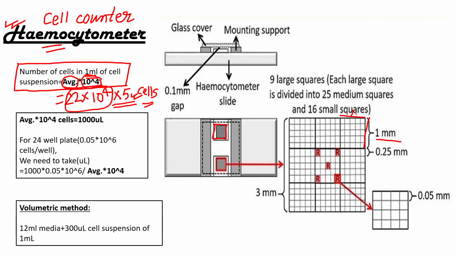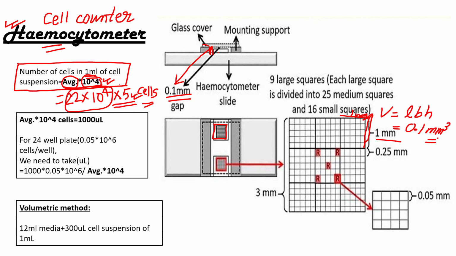Similarly, from here to here, it is 1 millimeter in length, and there is a depth over here. This depth is 0.1 millimeter. So if you calculate the volume using the formula L times B times H, you find that the volume is 0.1 cubic millimeter. When you convert it into ml, you find 10 to the power 4. So from here, this factor comes.